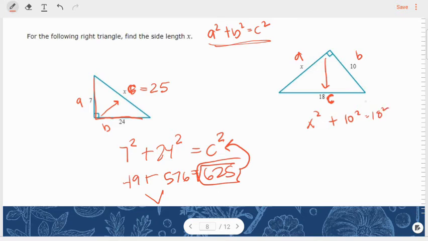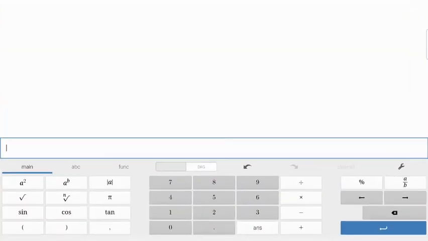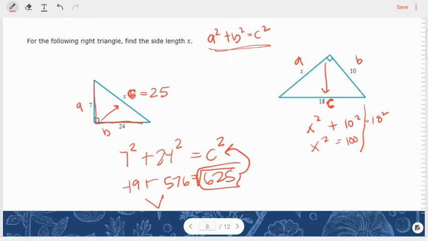Now, in this problem, notice that there's an equal sign as a barrier. I can't just add the 10 squared and 18 squared. So I am going to isolate x squared by first simplifying both sides. 10 squared is 100. 18 squared, let's use our calculator for that. 18 squared is 324. To isolate the x squared, I'm going to minus 100.